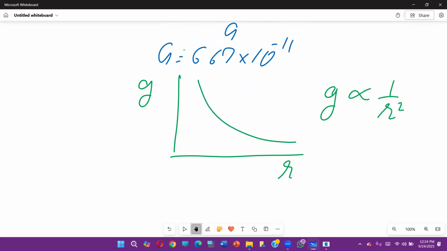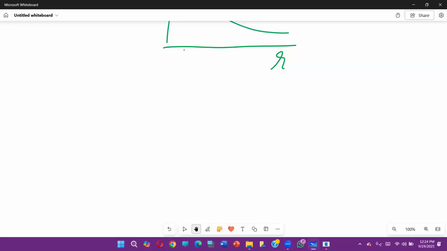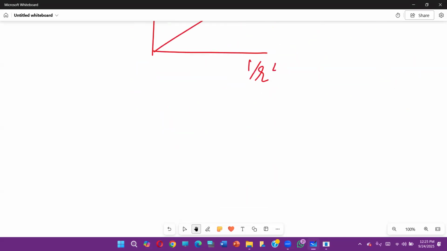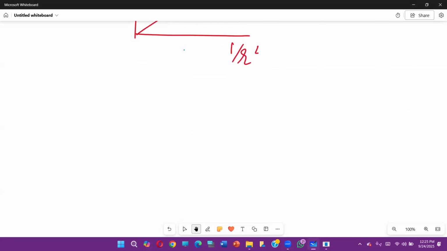A very common trap, which I explained in my normal class, is this: if I plot G against 1 upon R squared, will it be a straight line? Why? Yes, according to linear law. Now we move forward. We have revised gravitational field strength.